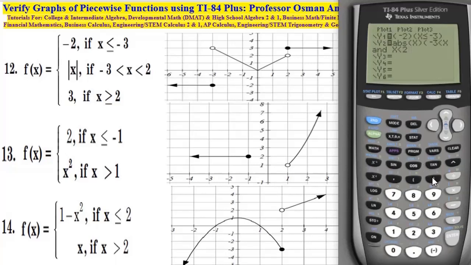Okay. Then it is 3 if x is greater or equal to 2.